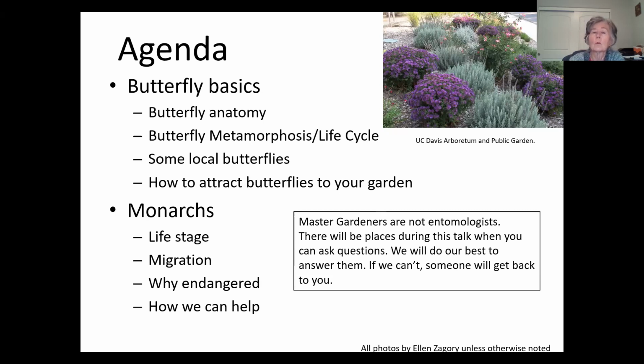And then we'll specifically focus on the monarch, their life stage, migration, why they're endangered, and how you can help. And I do want to point out that neither Rhonda or I or other Master Gardeners are entomologists. There will be places during this talk when you can ask questions, and we will do our best to answer them. If we can't, someone will get back to you.